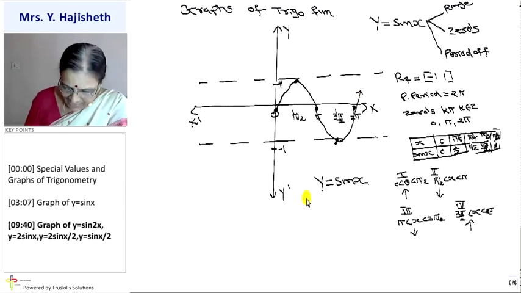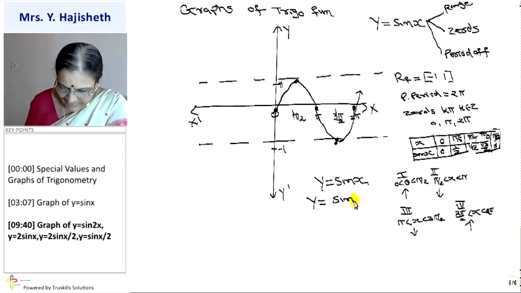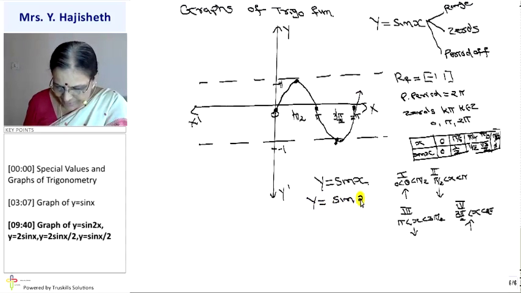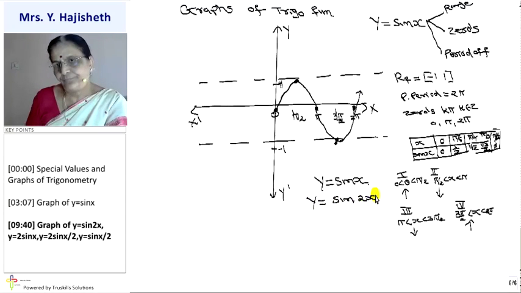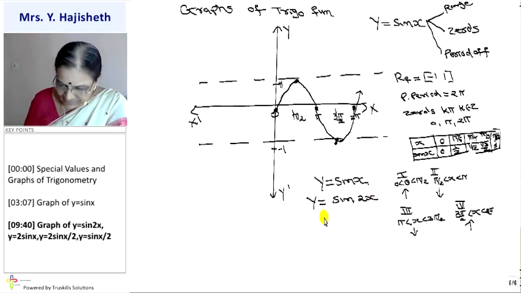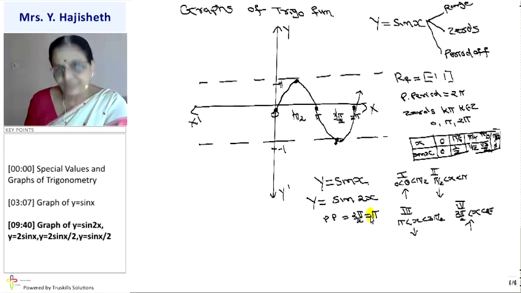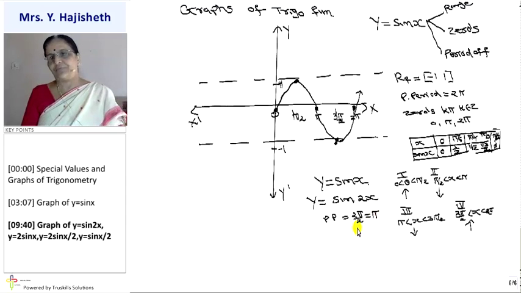Now suppose I am asked to draw the graph of y is sin 2x. Then my principal period, instead of 2 pi, is 2 pi by 2, so pi. So my graph is from 0 to pi.